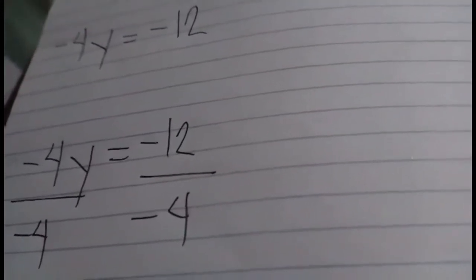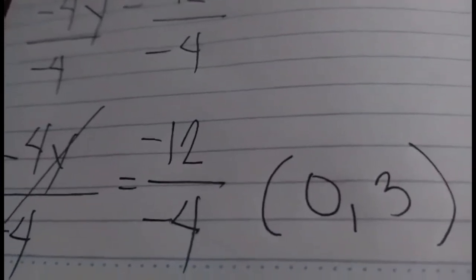What's beside y is negative 4, so cancel out. And there you have it: 0, 3. That's our first ordered pair. This shows that the x is 0 and the y has a value.